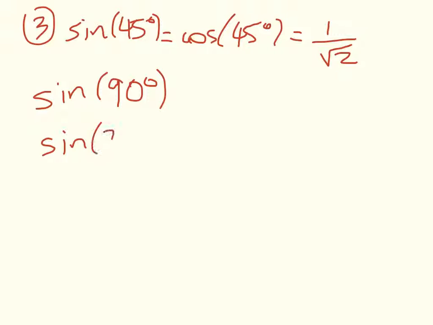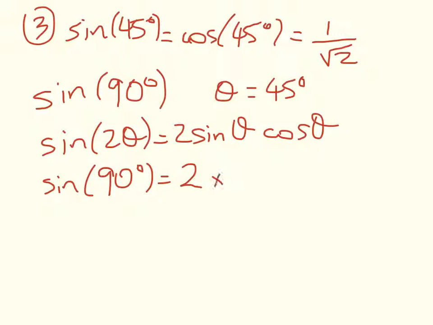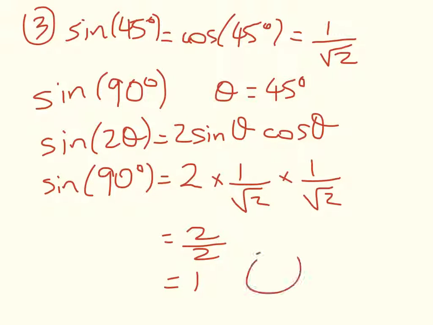So we've got sine of 2 theta is 2 sine theta cosine theta. So theta will be 45 degrees. So sine of 90 degrees is equal to 2 times 1 over √2 times 1 over √2, which is 2 over 2, which is just 1.